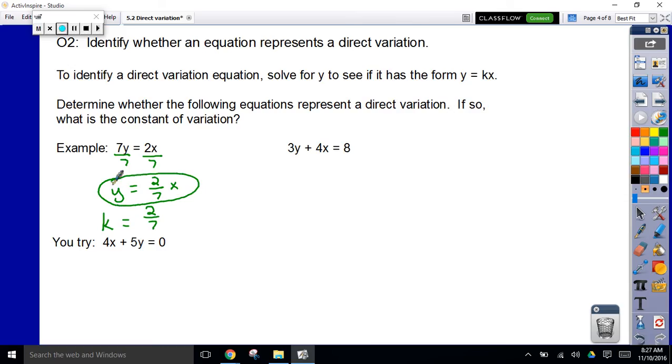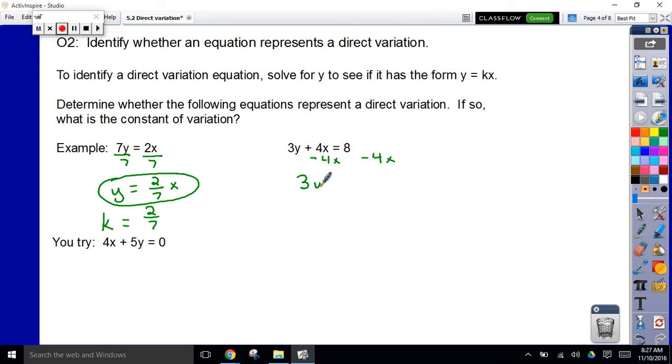Okay, let's try another example. So this one is a little more complicated because we have more to get rid of. What would I do first if I wanted to solve this second equation for y? Colin? Subtract 4x. Good. I need to get rid of the 4x, so I'm going to subtract 4x from both sides. Now on the right side, there's nothing to subtract 4x from because there are no 4x's.